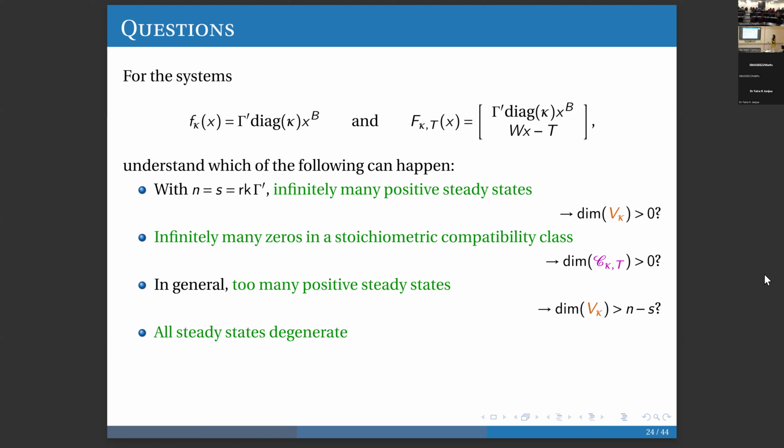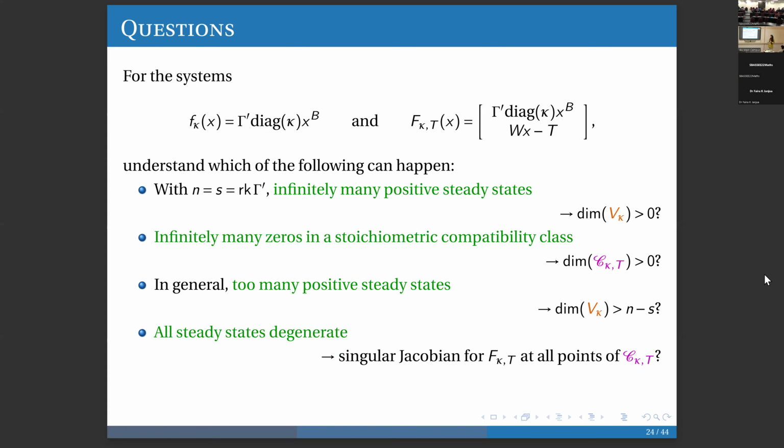And also I'm concerned about whether it can happen that all positive steady states are degenerate points, in part because it would affect my former theorem. If they are, then I cannot use it. But it also affects other questions in this research area.